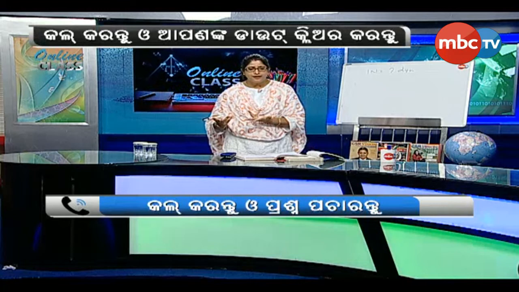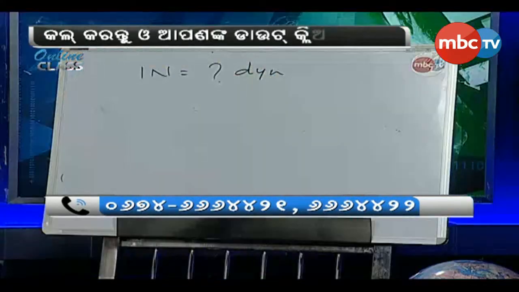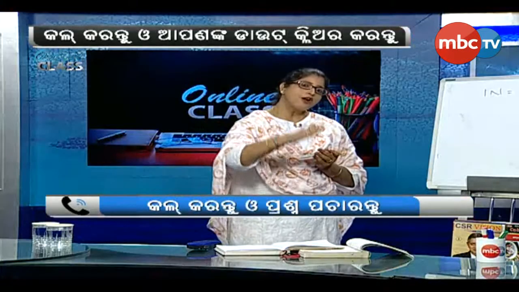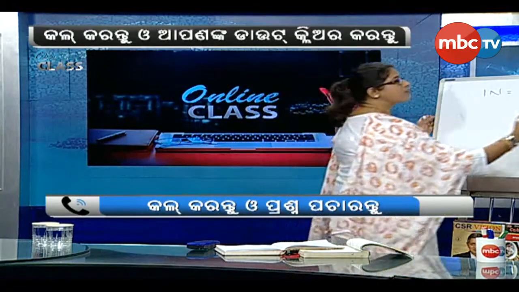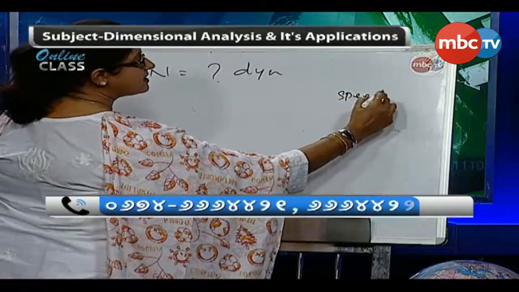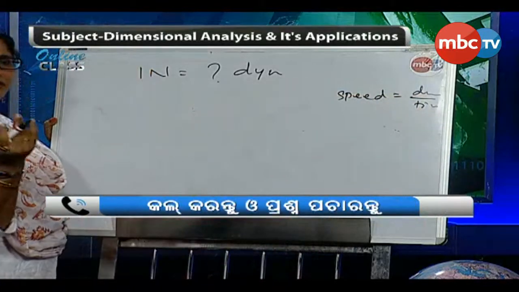Speed. So when it is the unit of speed, I have already derived the dimensional formula for speed. What is the dimensional formula for speed? It's distance upon time, or displacement upon time, velocity.